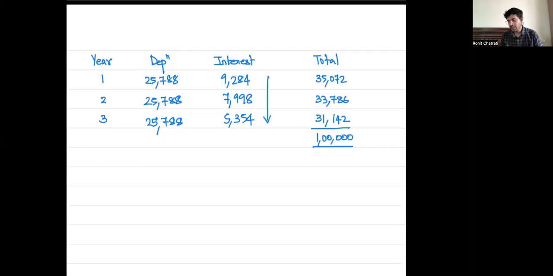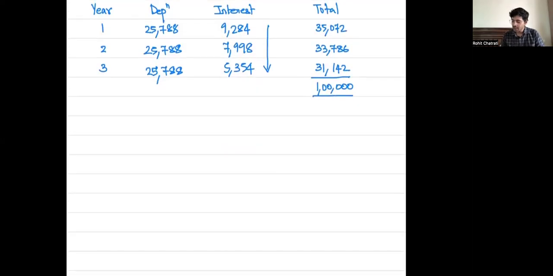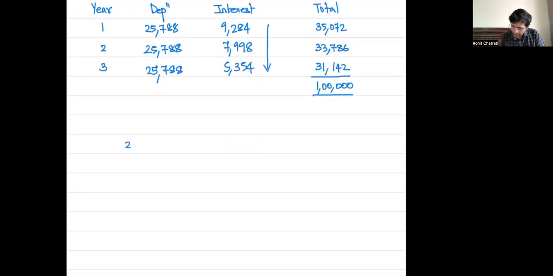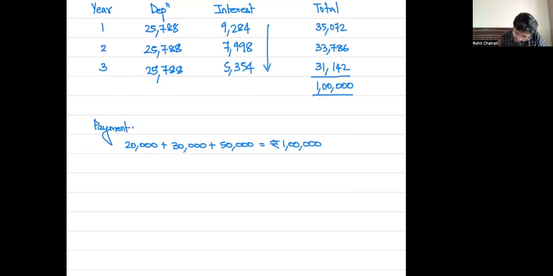Now, if you carefully think of it, the payments that you have made to the lessor are actually 20,000 plus 30,000 plus 50,000. The total payments that you're making to the lessor is also rupees 1 lakh. The total payments being made to the lessor are also equal to 1 lakh rupees.